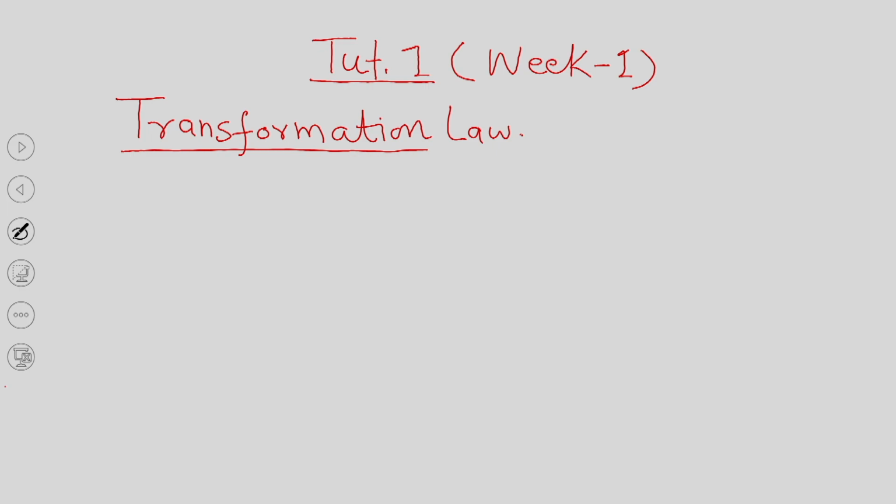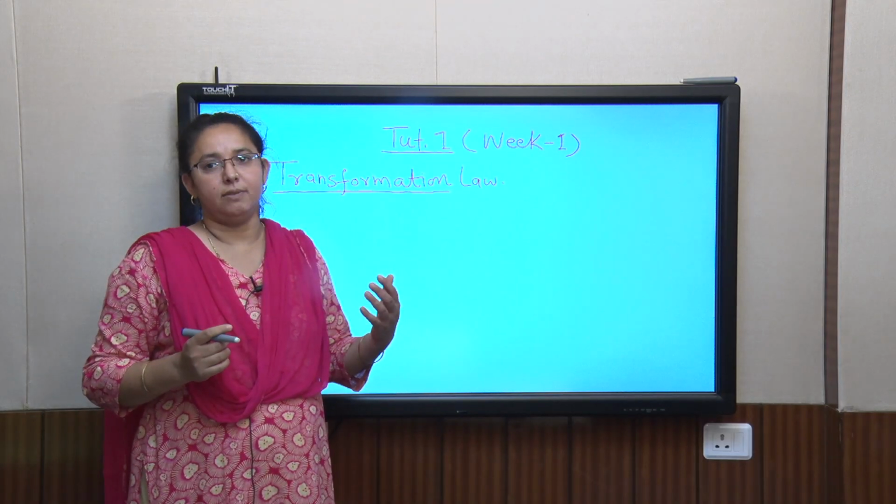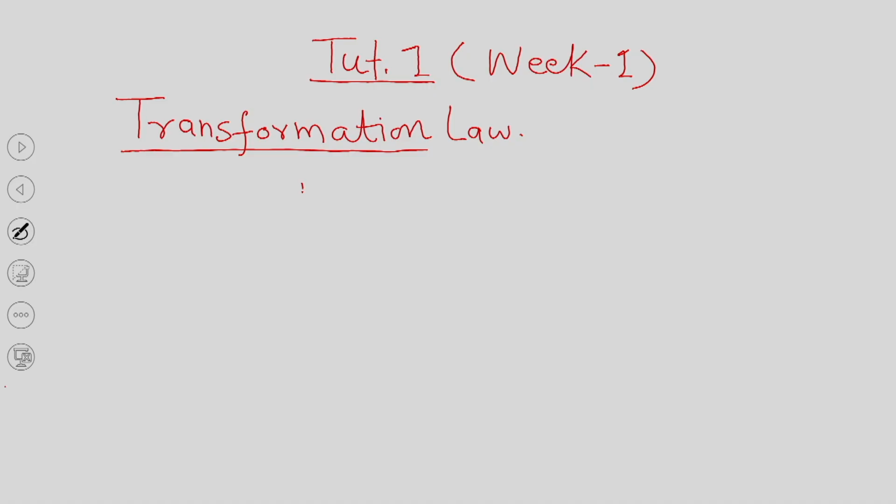I think in your undergraduate levels, two-dimensional transformation is taught. Like if we have this is my x-axis, this is my y-axis. Another coordinate system is making an angle theta with the x-axis, let us say x dash, and this is y dash.